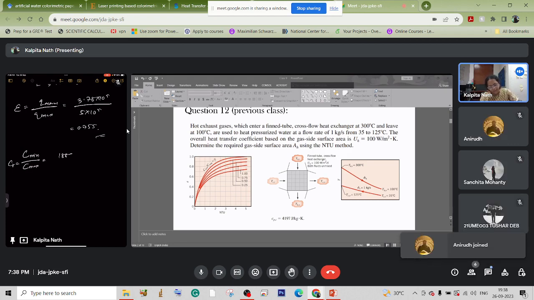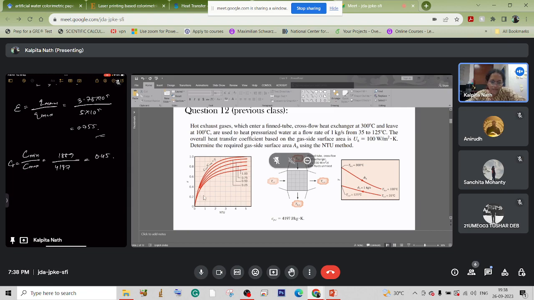This is 1889 upon 4197, which will be 0.45. Okay. So now, to get from the graph, let me maximize the graph first.